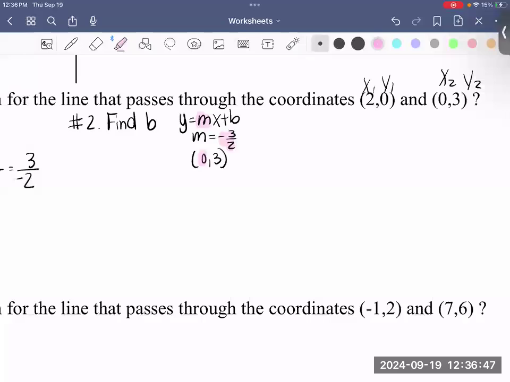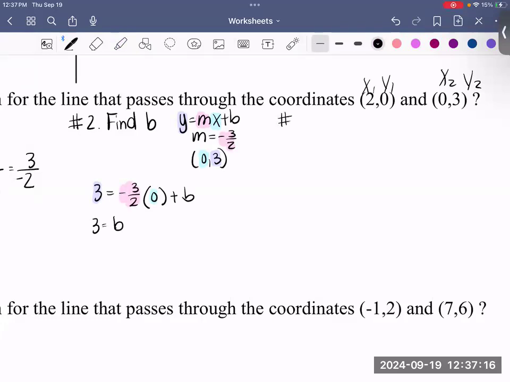We have x here. We have 3 here. So we have 3 is equal to m times x plus b. Now you'll notice that sometimes certain points are better than others when you go to plug them in, because when we multiply 0 times your slope, we'll just get b to be equal to 3.